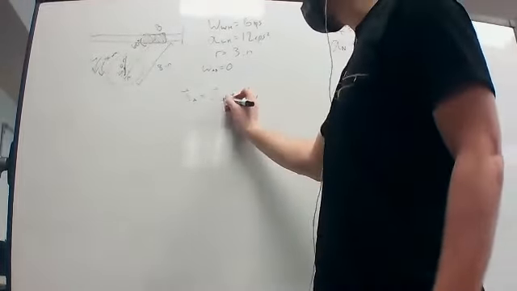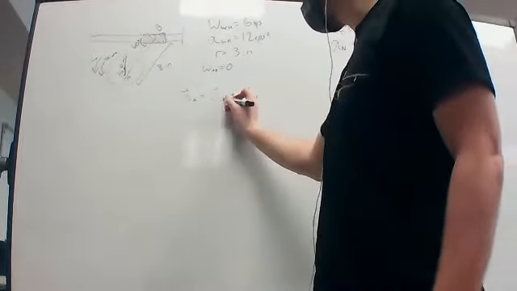And AN is going to be equal to omega squared R, where omega is 6. So that's 36 times the radius. 36 times 2 is 72. So that's how we know these two portions.